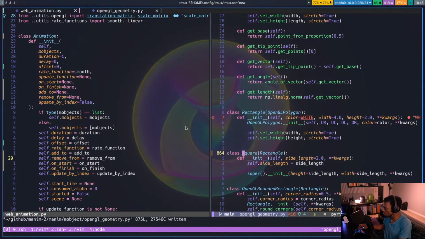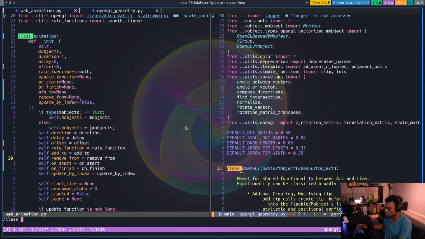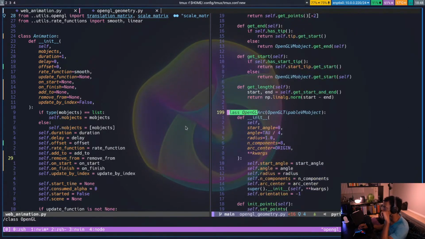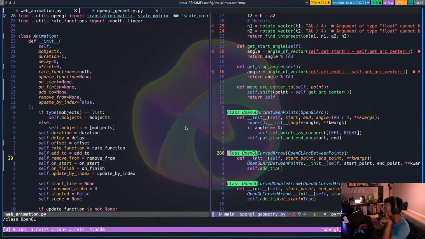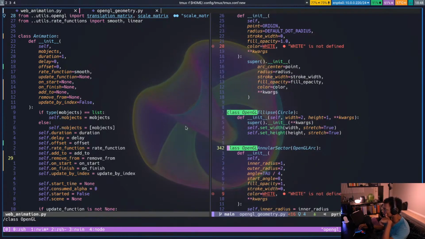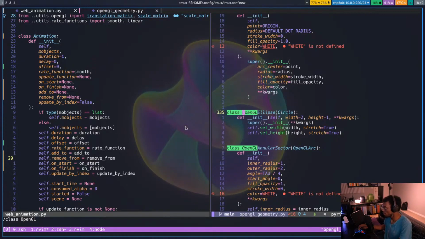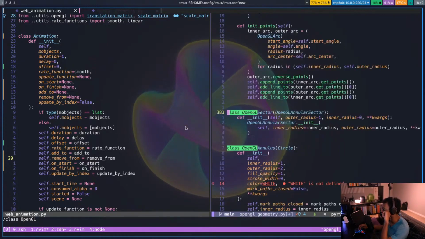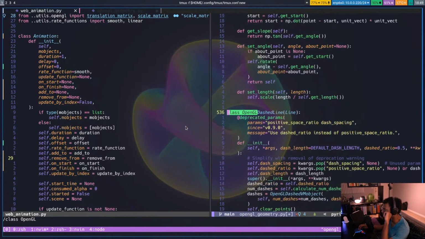I'll just rename that. I wonder if there's... What OpenGL things I want to rename here? Arc? A lot of these things aren't actually useful in OpenGL. Ellipse I should probably rename.